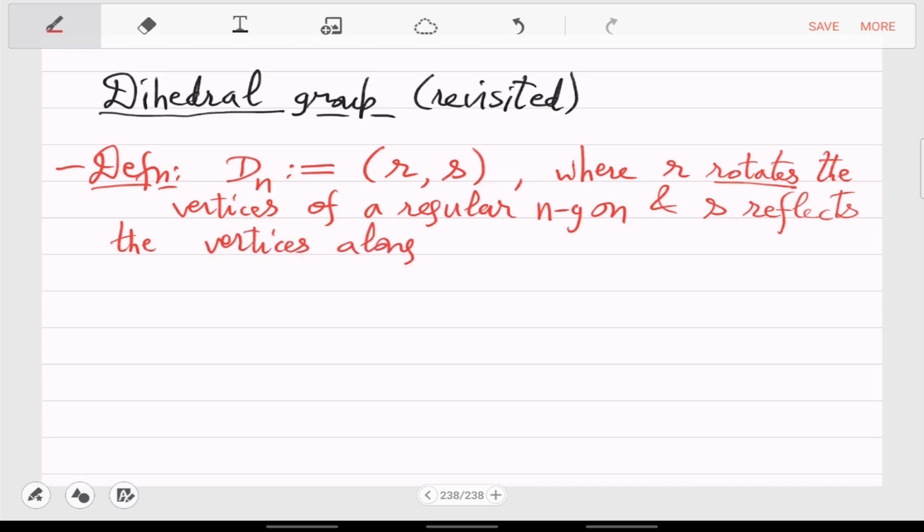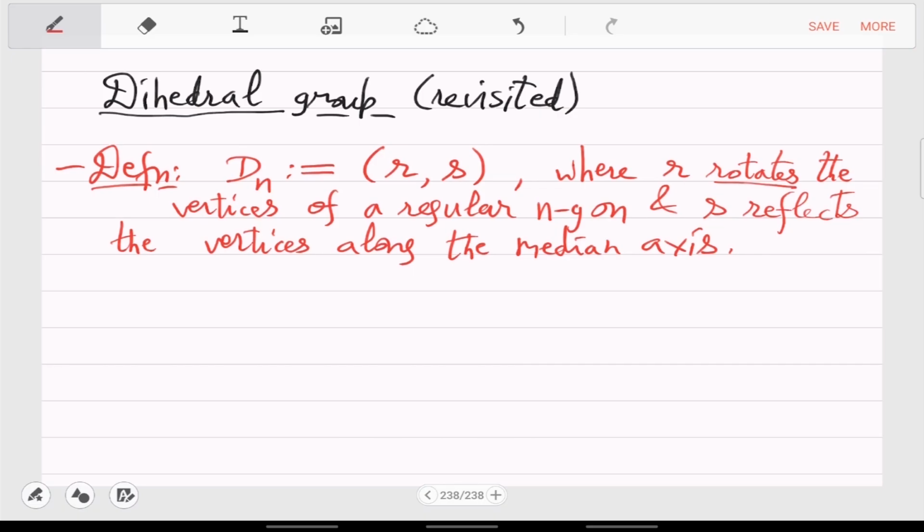along the median axis. I mean, there are many median axes. You can pick anything; it won't matter. So one of the median axes you are allowed to reflect, and the other operations are you can rotate by 2 pi by n, right?